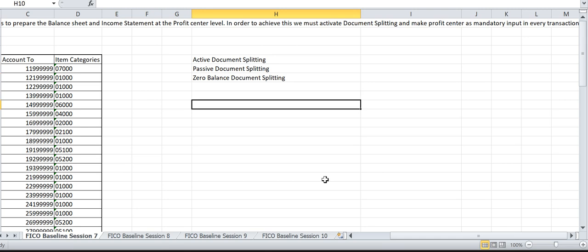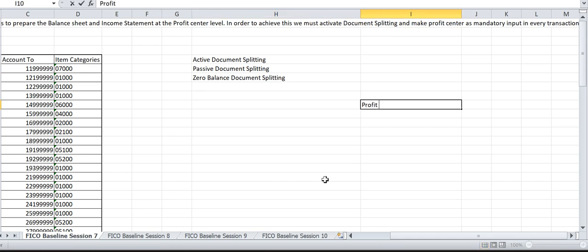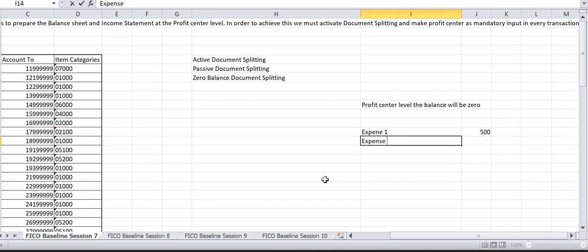Zero balance document splitting means at the profit center level the balance will be zero. Let's say expense 1 is 500 rupees, expense 2 is 200 rupees, and expense 3 is 1000 rupees.